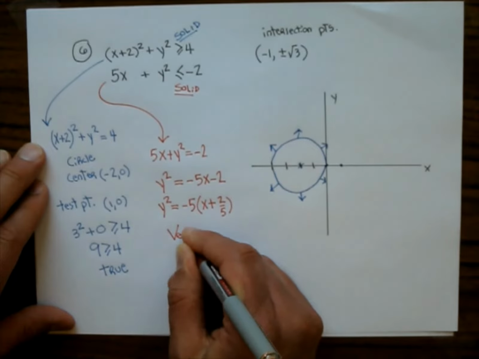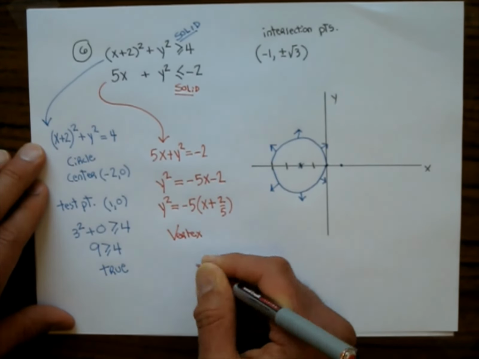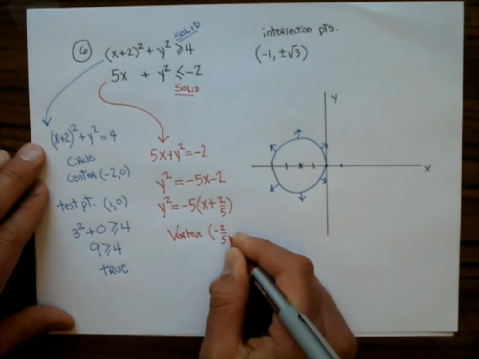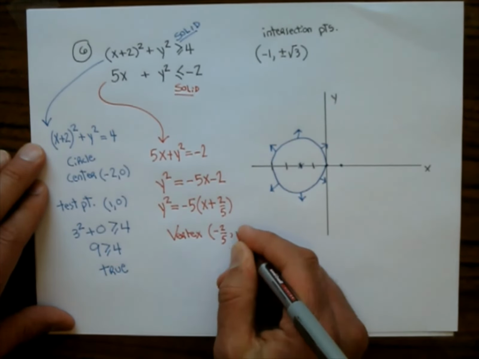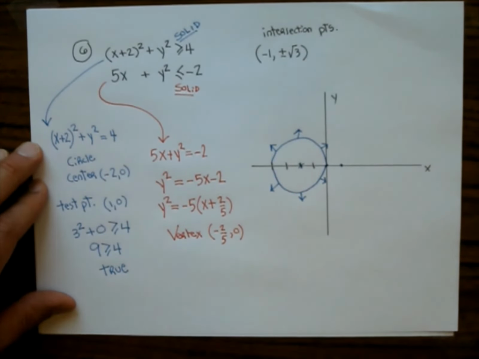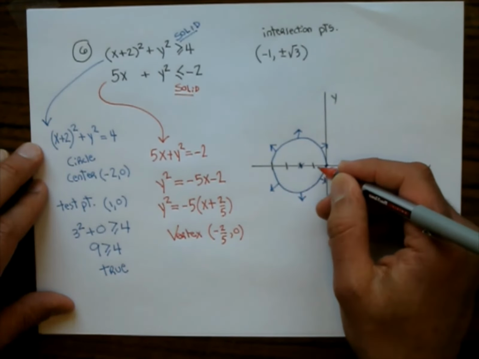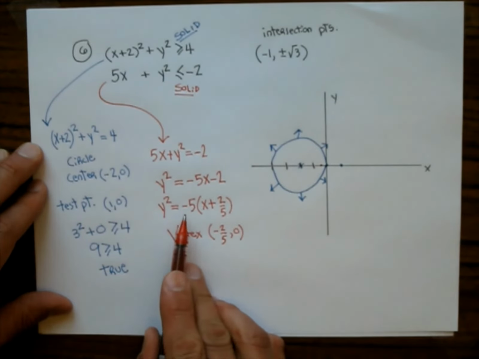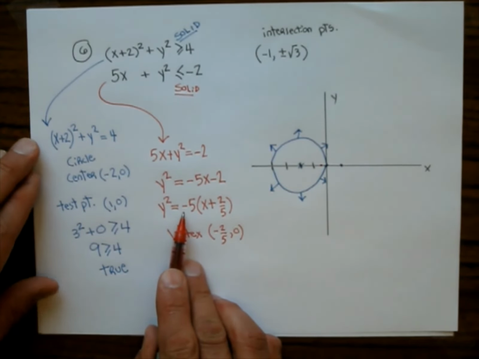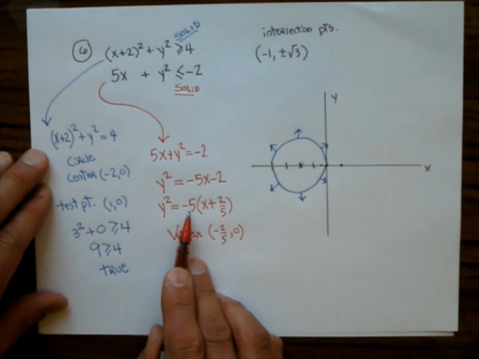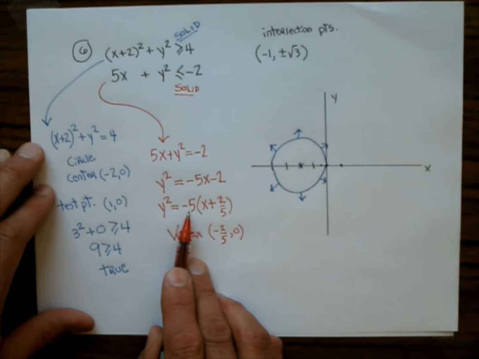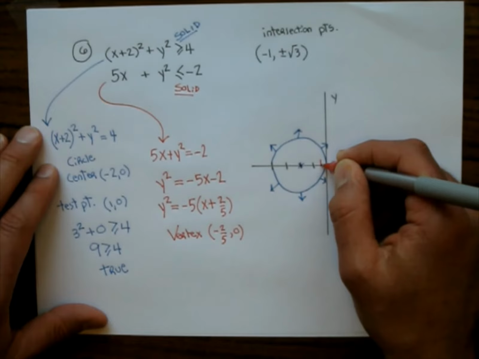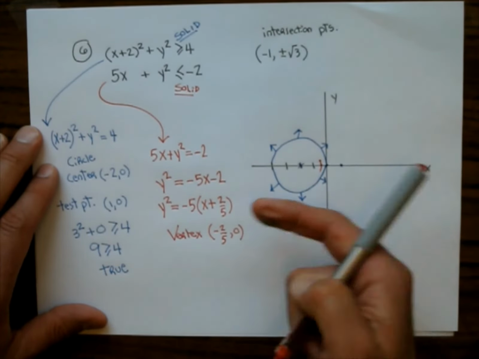So the vertex happens to be negative 2/5, comma, 0, which is right here. Here's the vertex. Remember we said 4p equals negative 5. This is going to open up to the left. So we are opening it up this way.